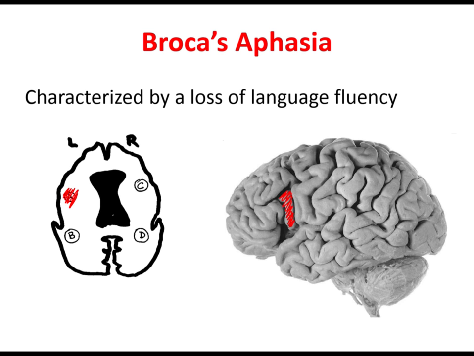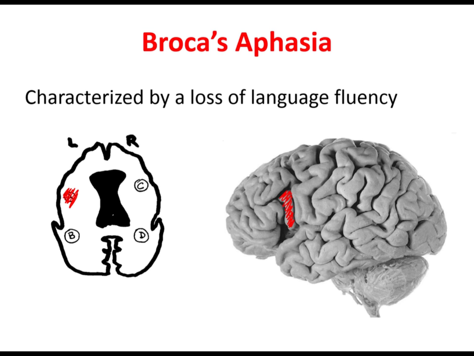Broca's aphasia is also known as either an expressive or a motor aphasia, characterized by loss of language fluency, albeit with preserved comprehension. So these individuals have an intact Wernicke's area, so comprehension is fine, but their problem is with verbal output. The recruitment of the different muscles used for articulation is impaired.